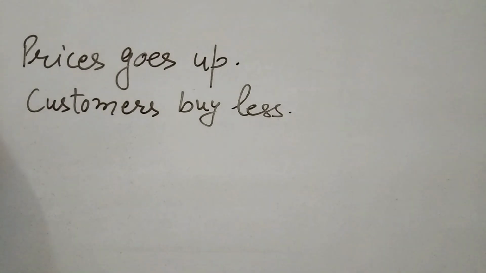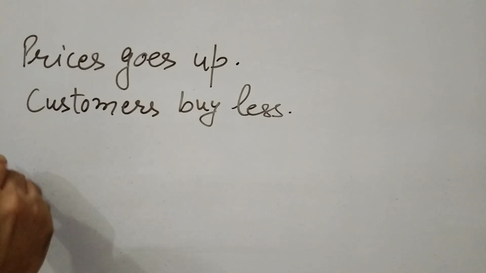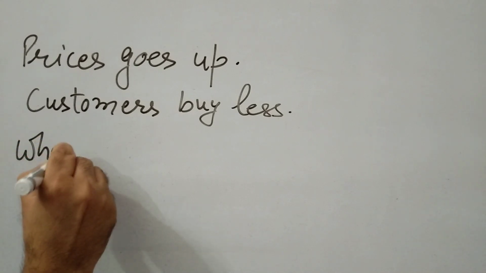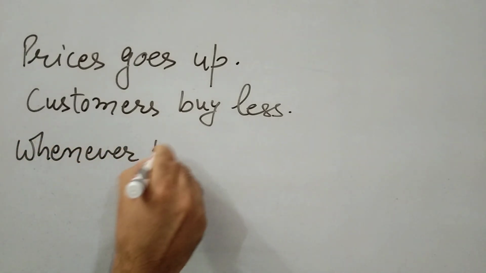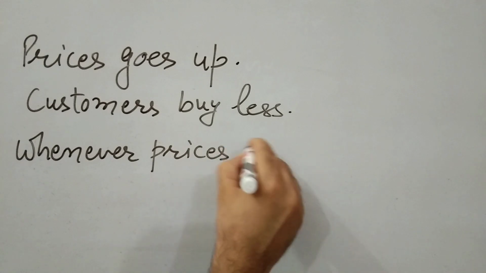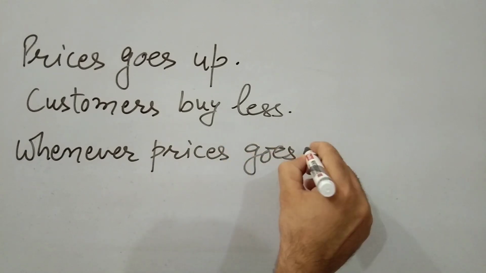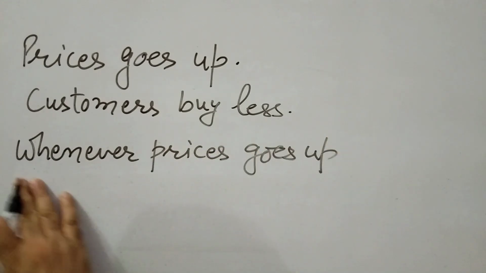Now look at these sentences. Prices goes up, customers buy less. So these two sentences I am going to combine with the help of a conjunction called whenever. I am going to put whenever here: whenever prices goes up.